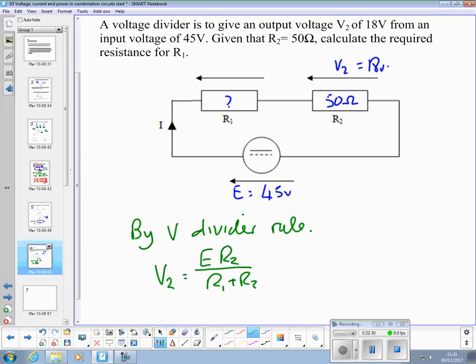All agree with that? Yep. Now how can I rearrange that so that I get R1 on its own?